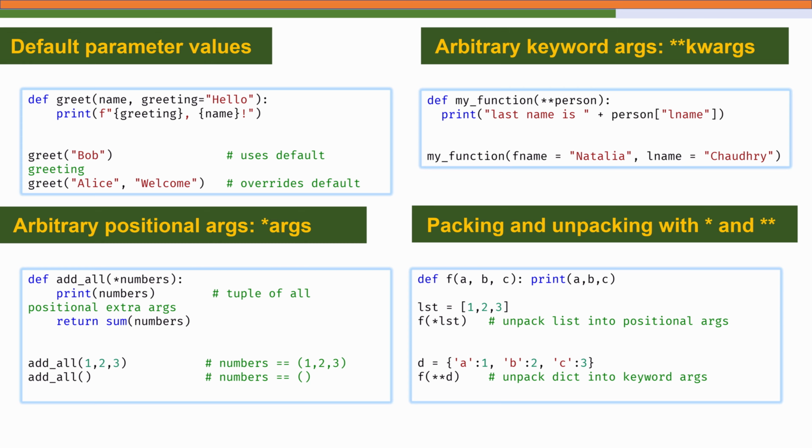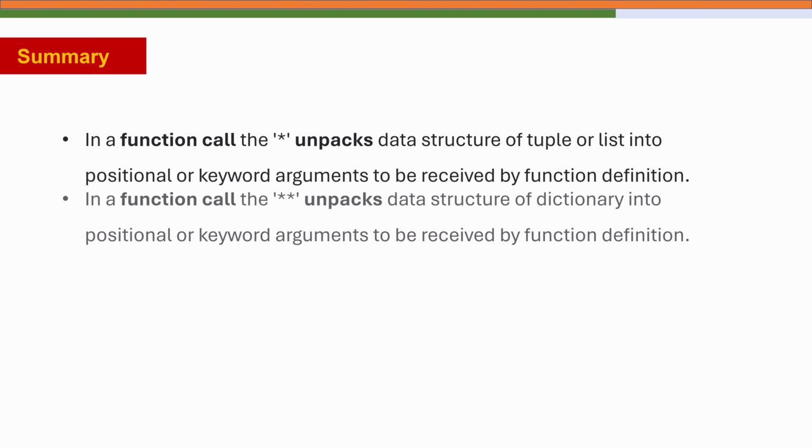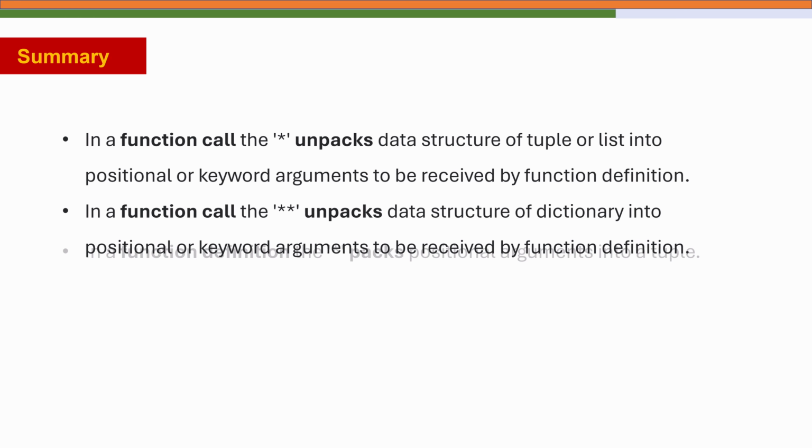When the * or ** operator is used in the function call, the * operator unpacks a data structure such as a list or a tuple into the arguments needed by the function definition, and the ** operator unpacks a dictionary into the arguments needed by the function definition. So at call time, *iterable expands into positional arguments, and **mapping expands into keywords.